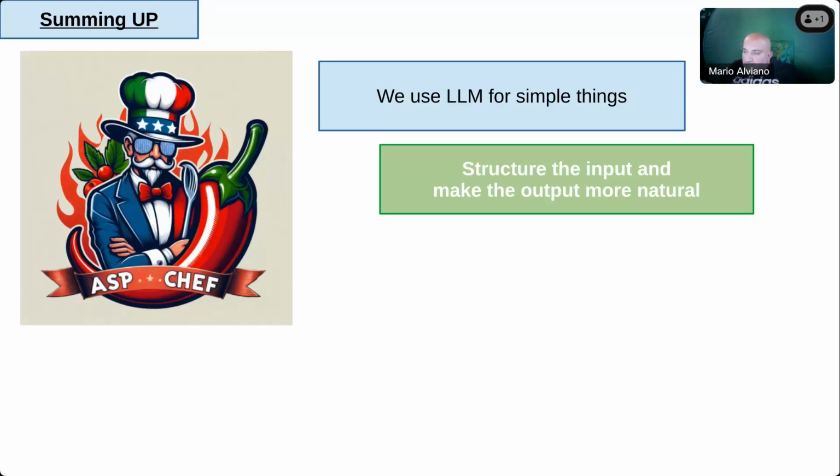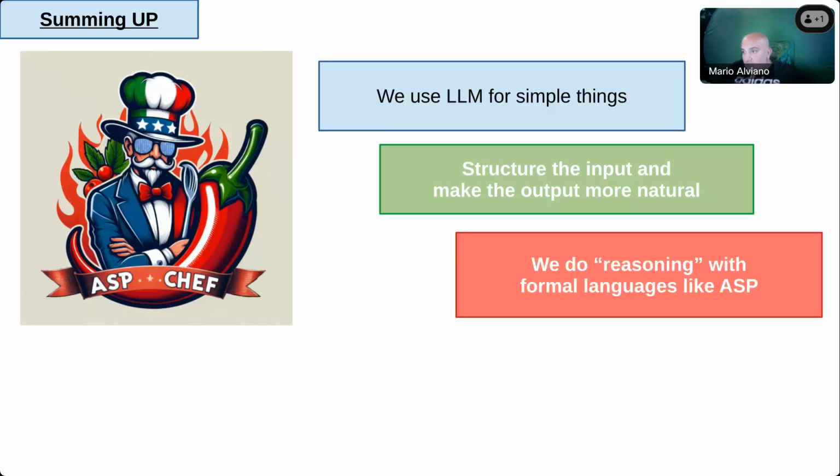And again, the idea is structuring the input, asking to reformulate the output somehow should not be too difficult for the large language model. It's a very syntactic task that should be somehow doable. For the reasoning it is better if we do formal languages, okay? ASP, description logic, and other stuff like this.